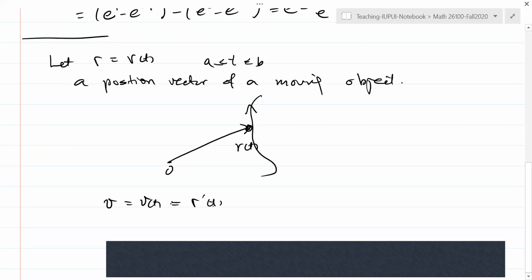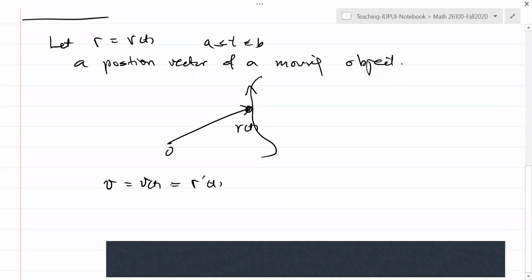This is called the velocity, the velocity vector or just velocity, at the time t. Now, what's the velocity? And actually, the length of this is called the speed.